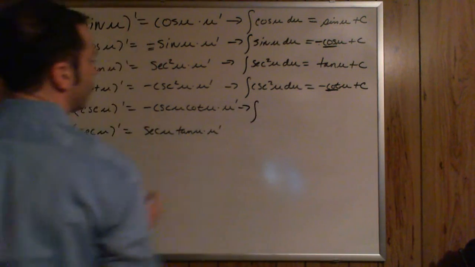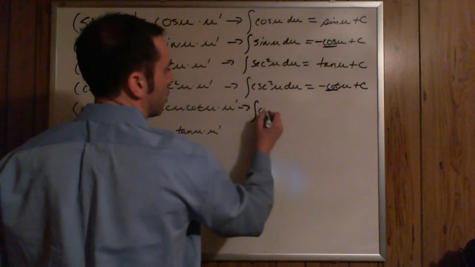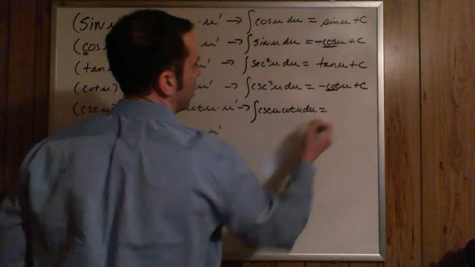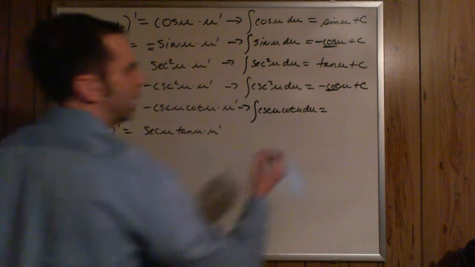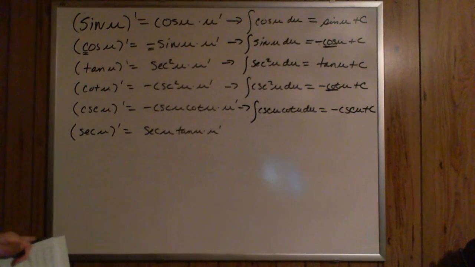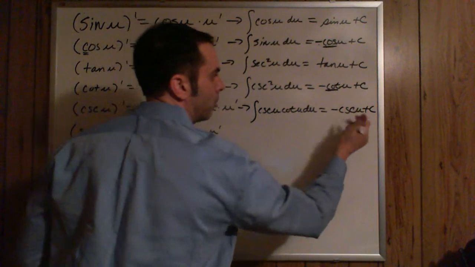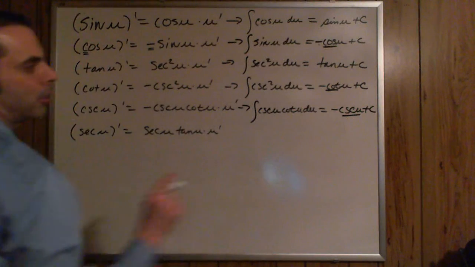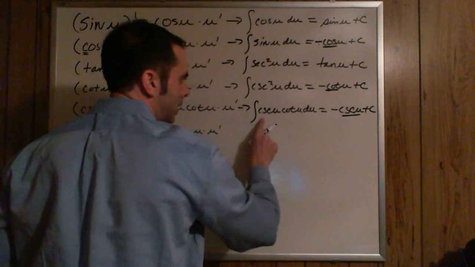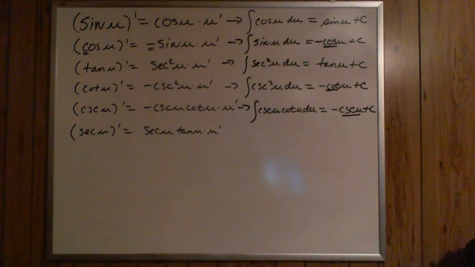Next, this would imply that the indefinite integral of cosecant u cotangent u du would be equal to negative cosecant u plus c. The derivative of cosecant u is negative cosecant u cotangent u, times that negative would now yield a positive cosecant u cotangent u.